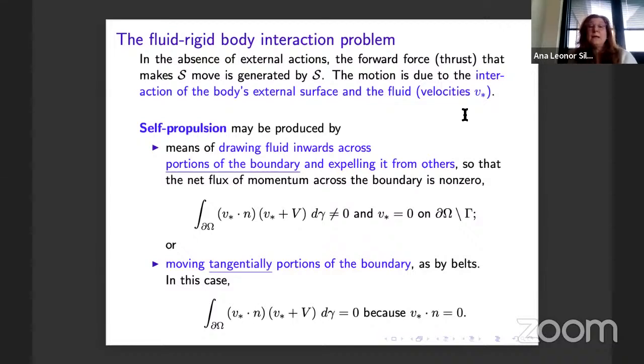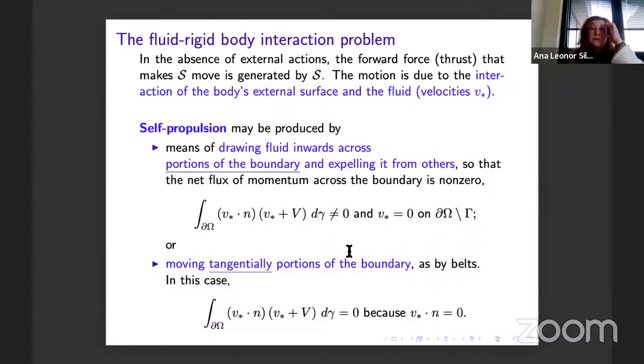Okay, so in this case, the motion of the rigid body is due essentially to this integral here, to a net flux of momentum across the boundary, and the velocity v star is going to be zero on a part of the boundary. This means that these velocities v star are going to be concentrated in a portion that we are going to denote by gamma.